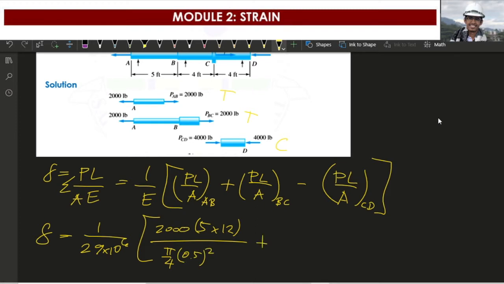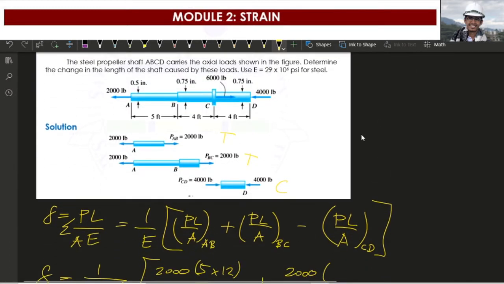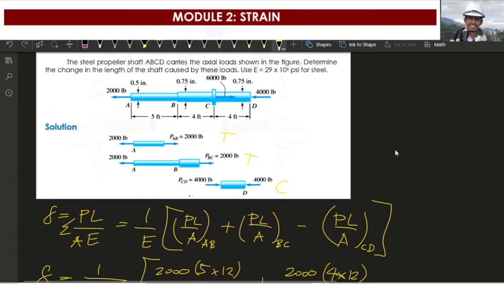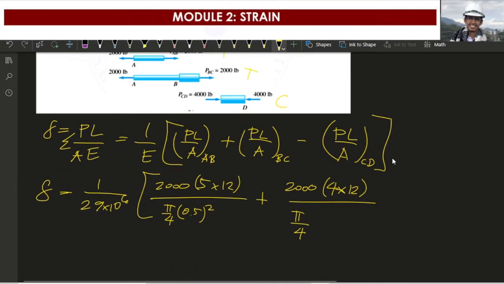Okay? Plus, yung force for BC, that is also 2,000 times yung length. So, yung length natin for BC is 4 feet. So, 4 times 12 over yung area niya. So, pi over 4 times, so the diameter is 0.75 inch.